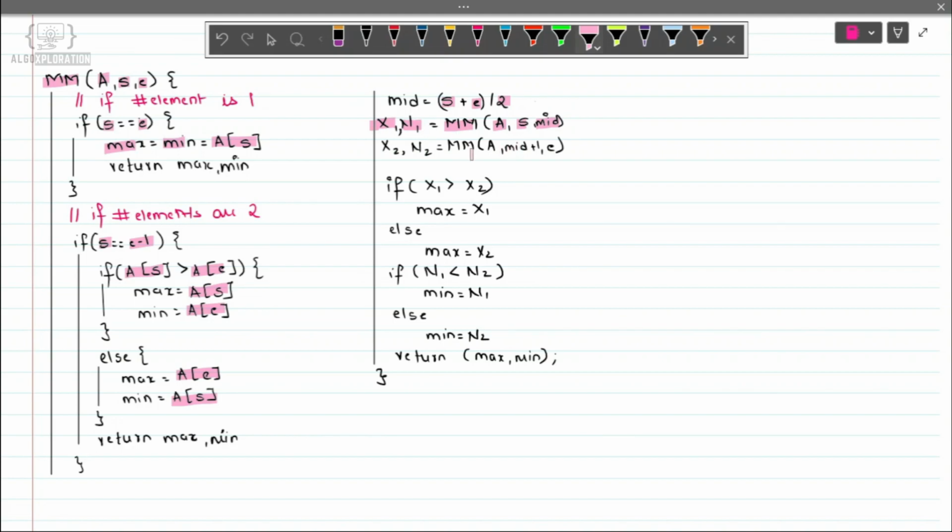After that it will again call the function by passing three parameters: array, mid plus 1 and e, and the values returned from this function will be stored in x2 and n2.